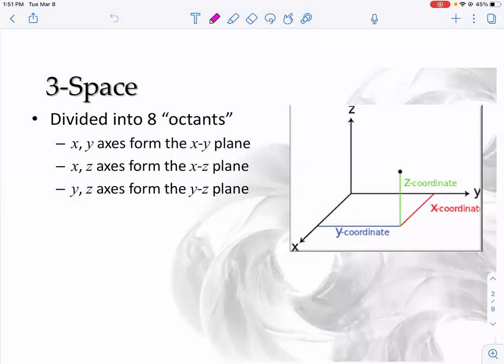So what happens when we plot 3-dimensional coordinates? We move in the XY plane first, and we make like our parallelogram, like X, Y. Here's our XY coordinate. And then we lift it up or down for our Z coordinate.